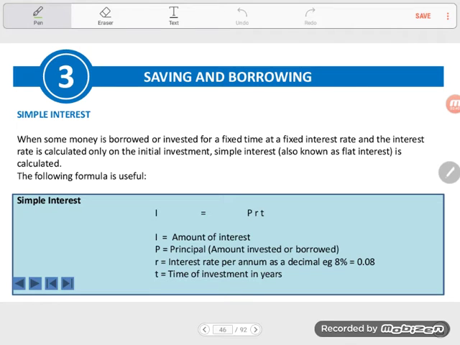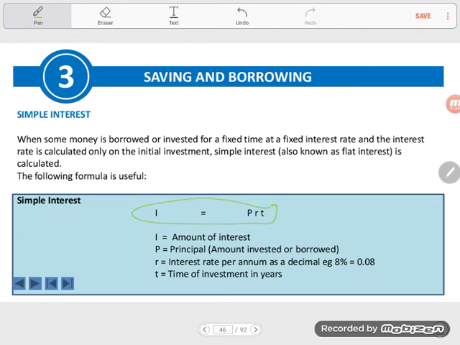Now, simple interest involves this equation here. I equals PRT, where I is the amount of interest generated. That could be on a bank account that you have, so you would be familiar with the fact that you have money in the bank and you earn interest on that money, so it grows. That's what I represents.